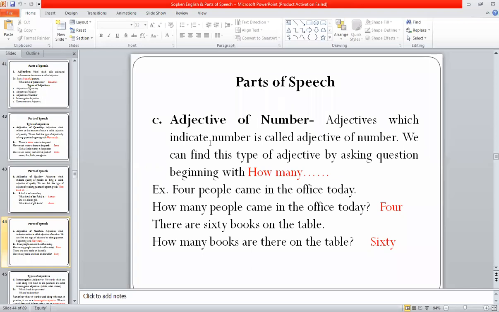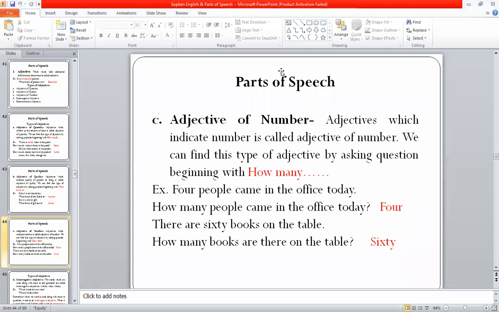Let's see another example. There are 60 books on the table. If we ask a question starting with how many books are there on the table, then it will answer 60.